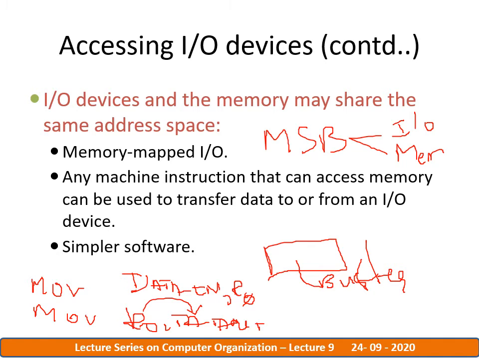If the number of input output devices in a system is not large, this scheme results in inefficient use of a large address space, the large address space provided to the IO devices.